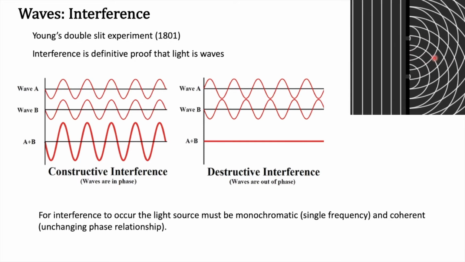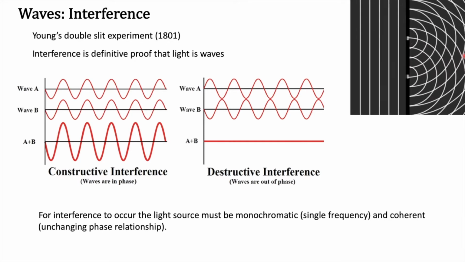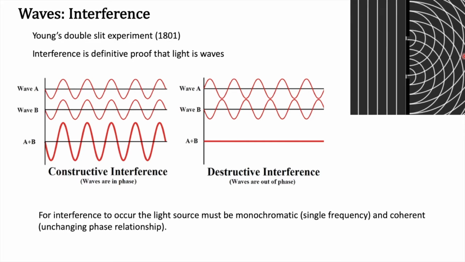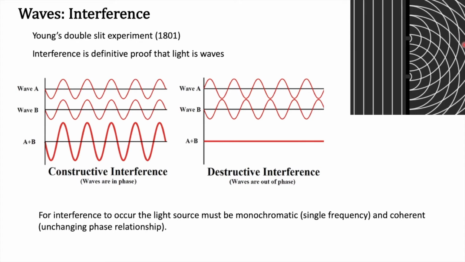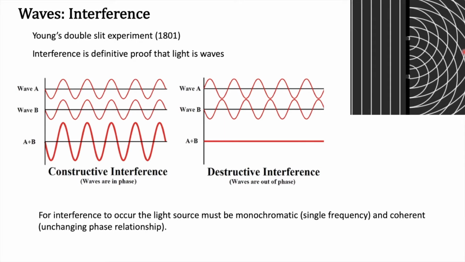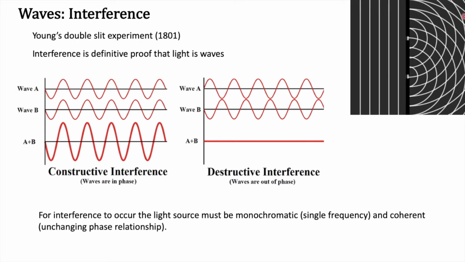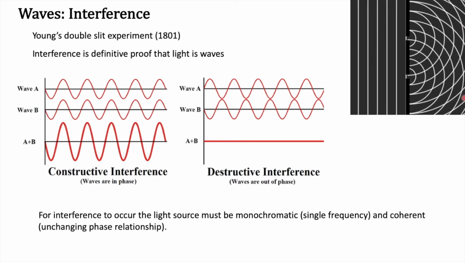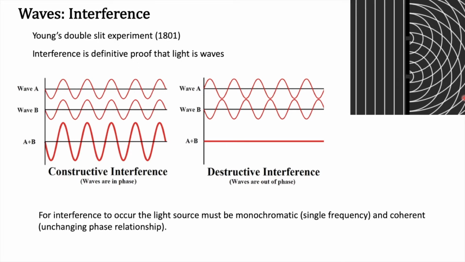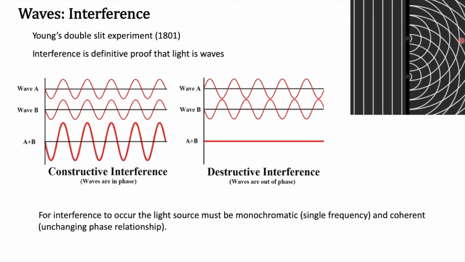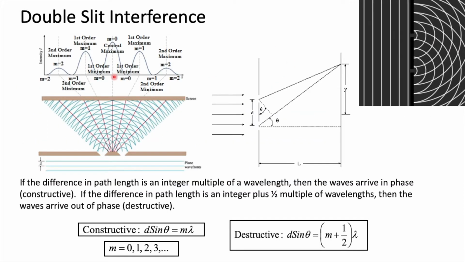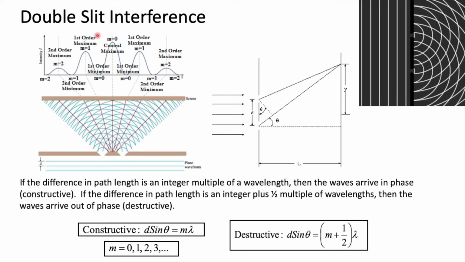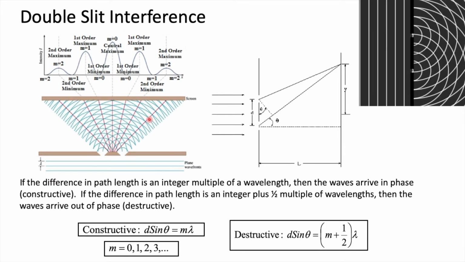If they meet constructively, we would see a bright band here, and some distance higher, a dark band, then bright and dark. So we see these fringes of dark and bright bands of light.